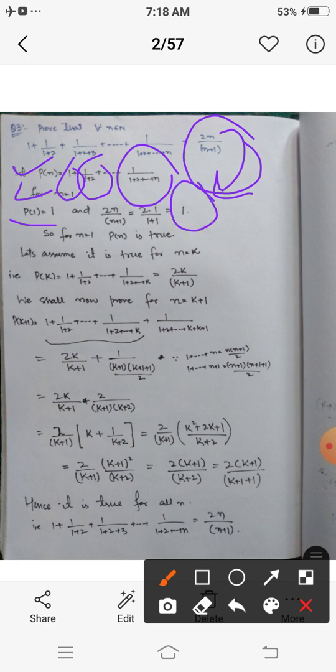So this means that LHS is equal to RHS, hence the given statement is true for n equals to 1. Now let's assume that this statement is true for n equals to k. This means that p of k is 1 plus 1 upon 1 plus 2 plus so on to 1 upon 1 plus 2 plus so on to k is 2k upon k plus 1.